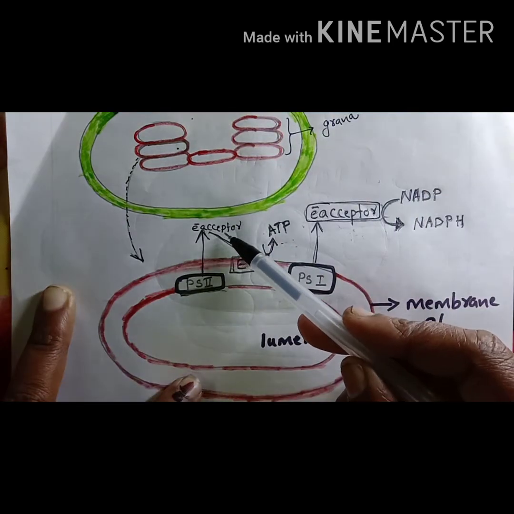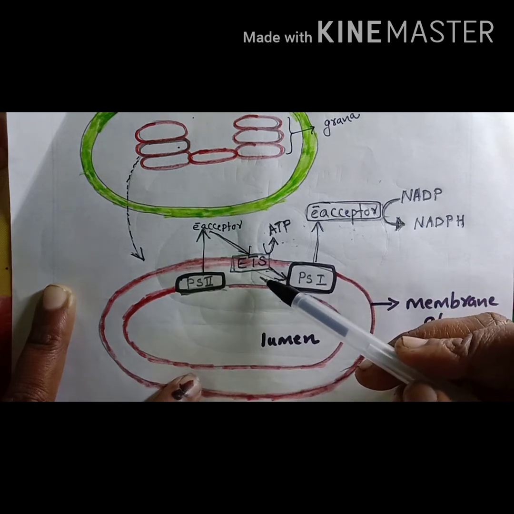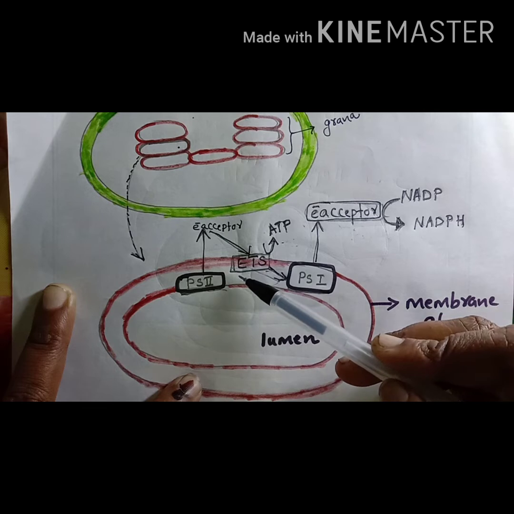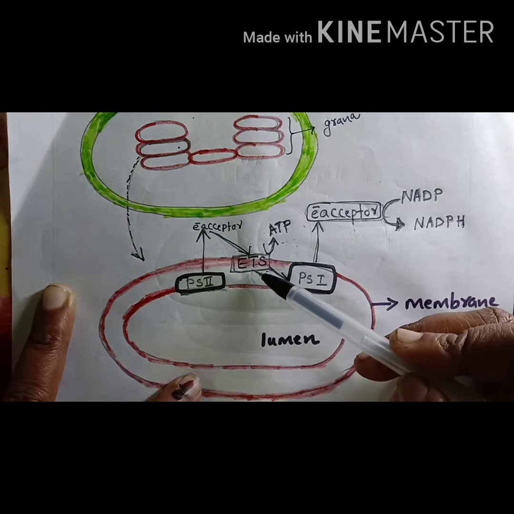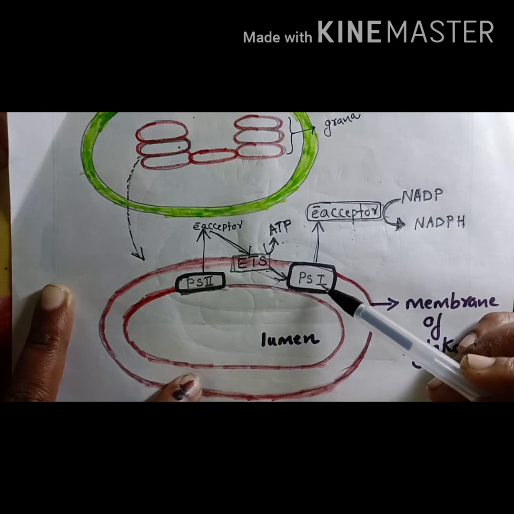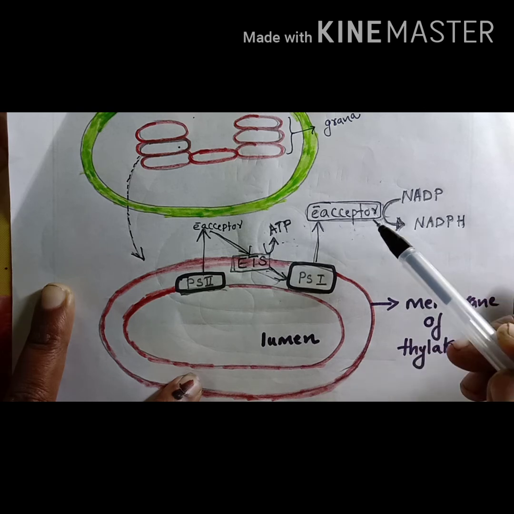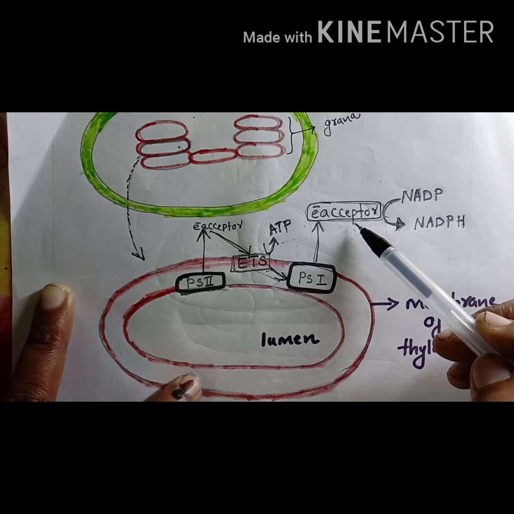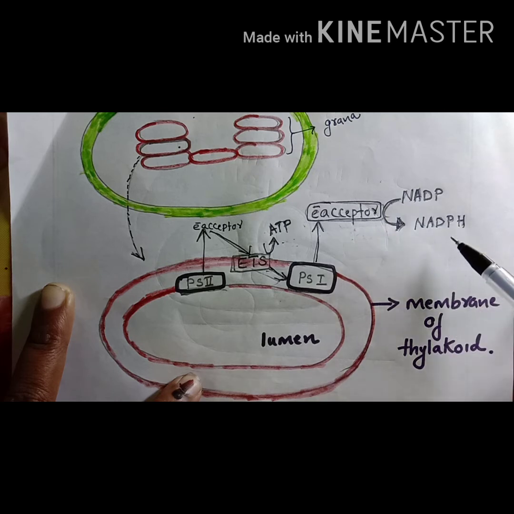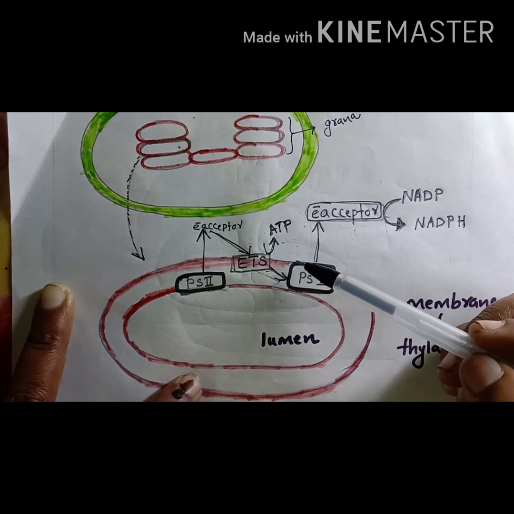From the electron acceptor the electron enters the electron transport system, which is also located on the thylakoid membrane. Through the electron transport system, the electron enters PS1. From PS1 it is again excited and accepted by another electron acceptor located on the stroma portion. From this electron acceptor the electron goes to the formation of NADPH. So this pathway is non-cyclic photophosphorylation.